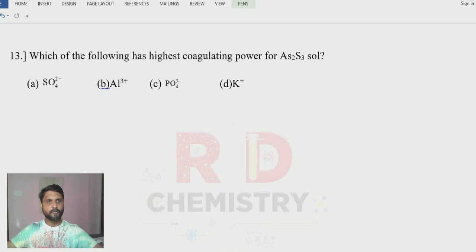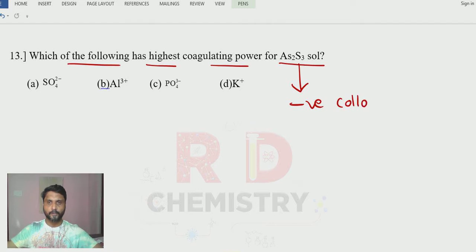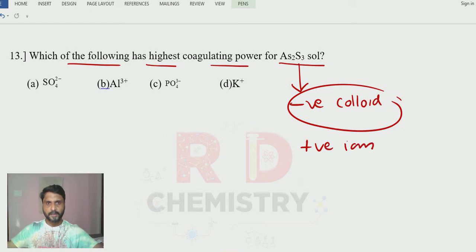Next question. Which of the following has the highest coagulating power for arsenic sulfide sol? Arsenic sulfide is a negative colloid. To coagulate the negative colloid, we require positive ions. Positive ions are available: one is aluminium, the other one is potassium.